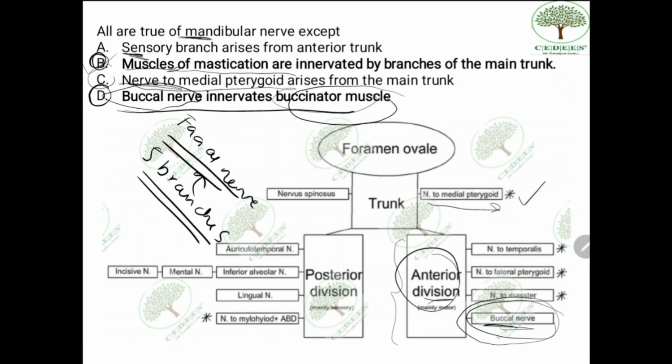So do not get confused in this. So technically speaking, both B and D are false statements, and hence in this question both of them could be the right answer. So I hope you understood my explanation of why these two statements are wrong.